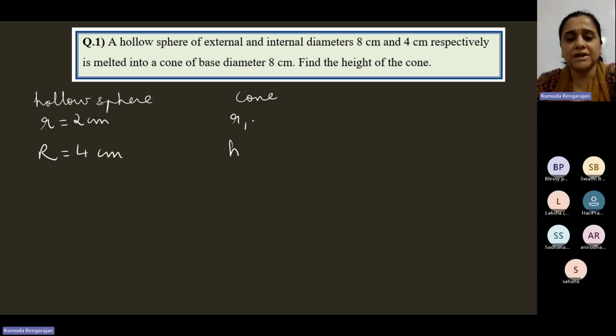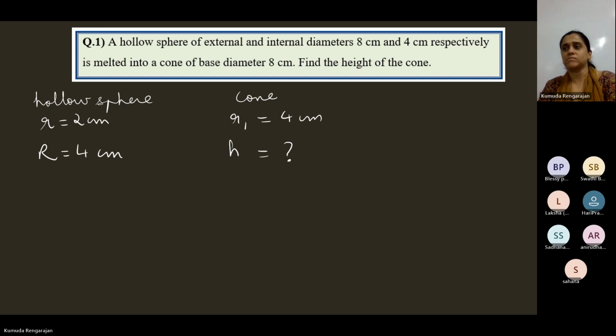And what is the radius of the cone? 4. Height of the cone we have to find. So what will be the equation? What becomes what? Hollow sphere becomes cone. Now what do you want to find? Height of the cone?